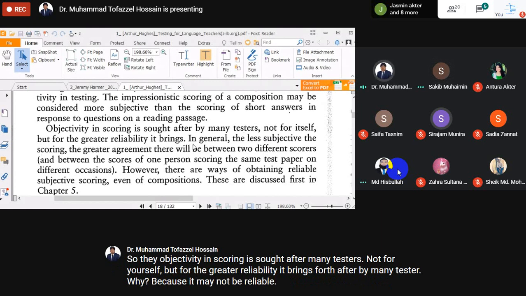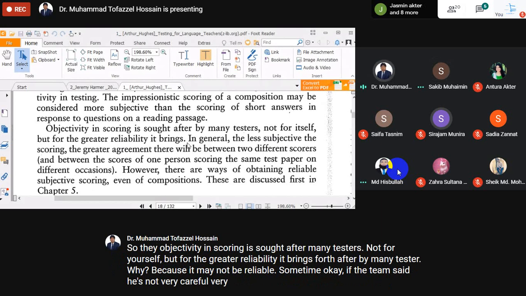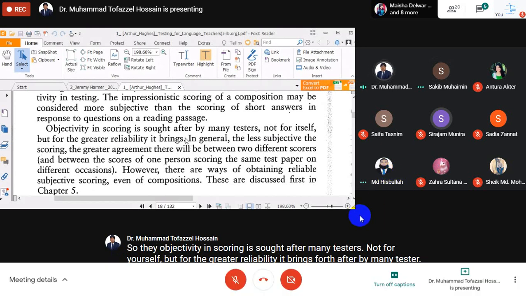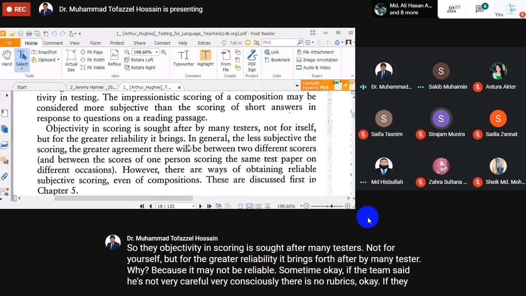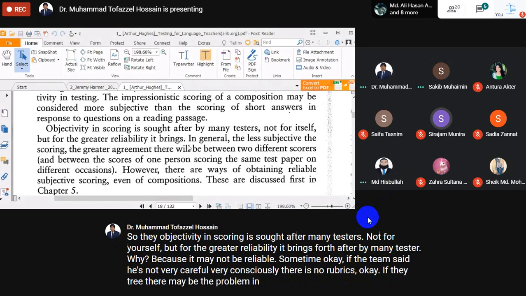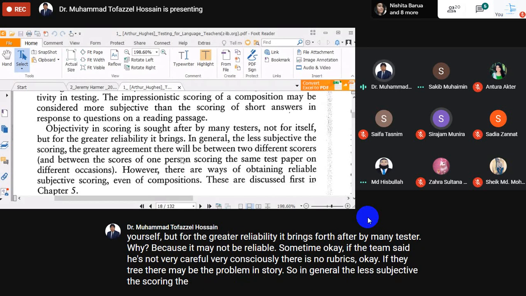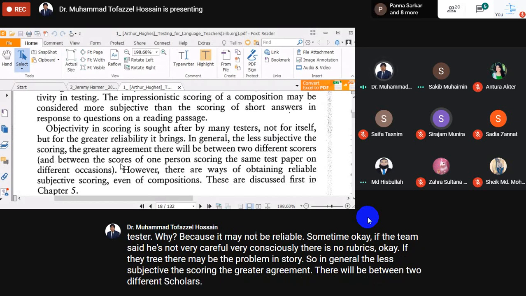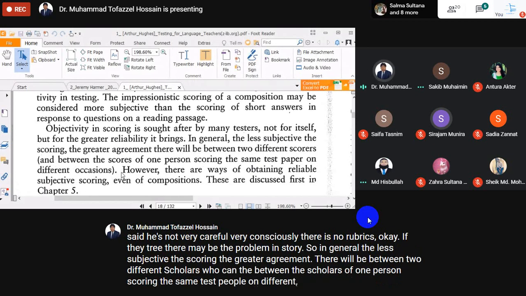Sometimes, if the teacher is not very careful, very conscious, if there are no rubrics, definitely there may be problems in scoring. So in general, the less subjective the scoring, the greater agreement there will be between two different scorers, and between the scores of one person scoring the same test paper on different occasions.